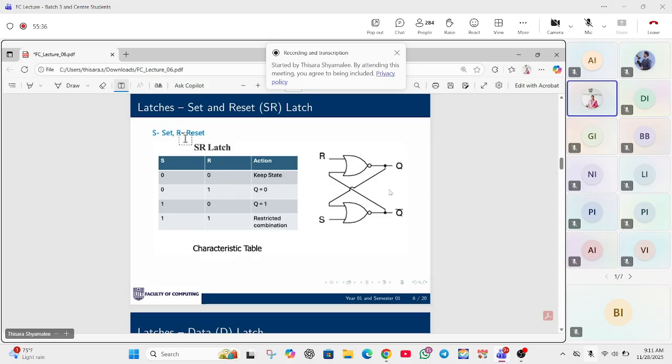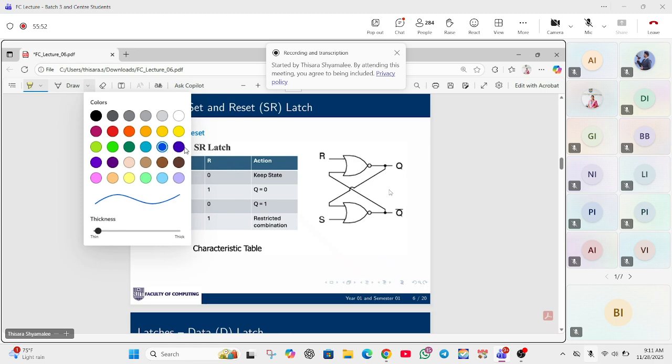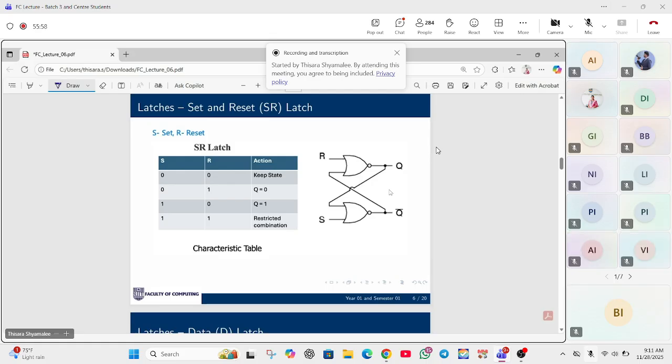This SR latch has two inputs and two outputs. So here these are the two inputs, S and R, then Q and Q bar.